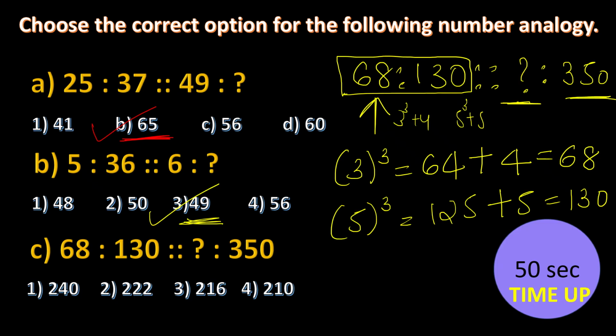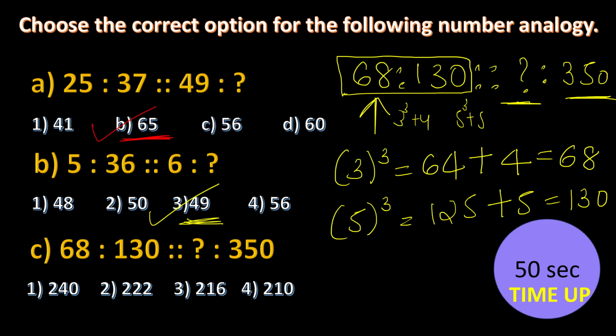350, if you see, is nearer to which cube you feel? Think. 350 is nearer to which cube? It's 7 cube, correct?